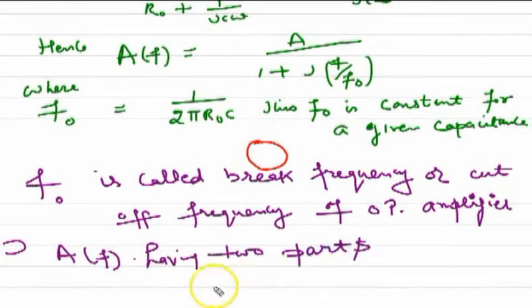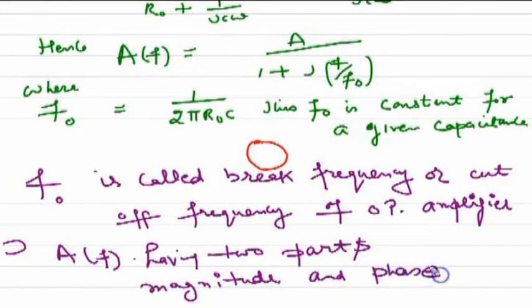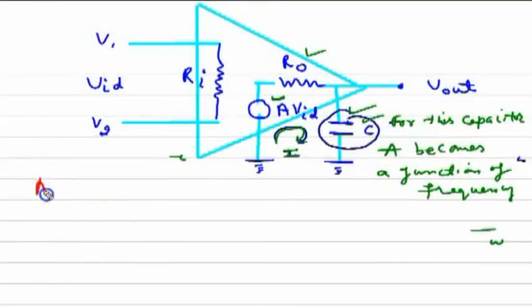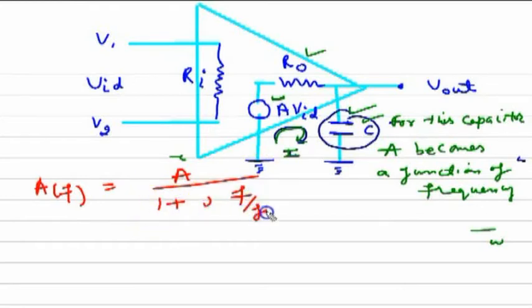It has two parts, the magnitude part and second the phase angle. So we have to study separately the magnitude and the phase angle. That means how the magnitude varies with increasing frequency, and second, how the phase angle varies with the frequency.